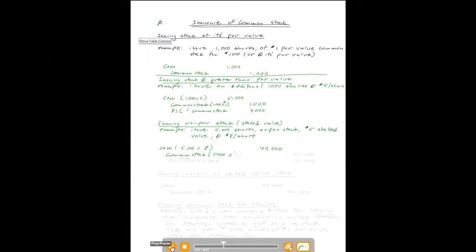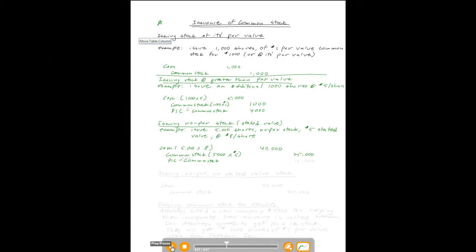We will credit common stock, and the entry to common stock is always the number of shares, 5,000, times the par or the stated value. In this case, it's $5. So 5 times 5,000 is 25,000, and then we have a paid in capital on common stock.